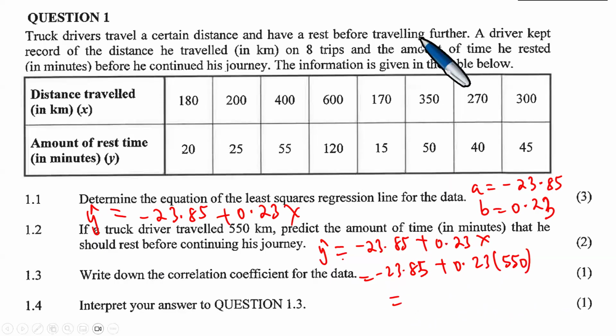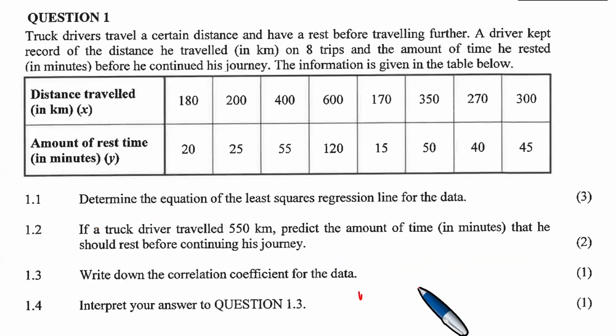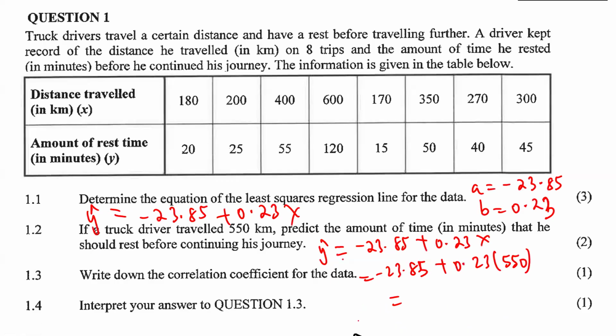What did you get? You got 102.65, yeah? Yeah, that's correct. So in this case, y hat is 102.65.